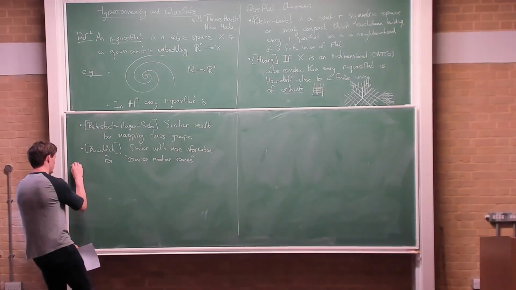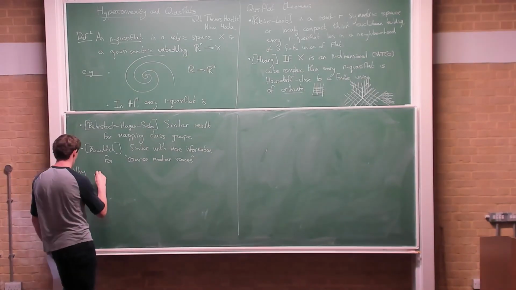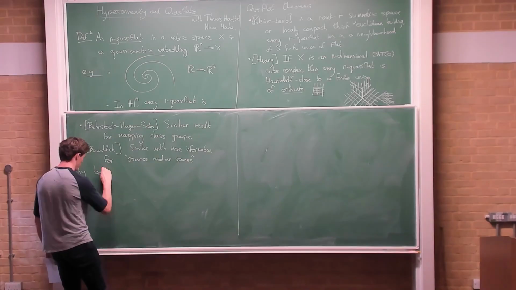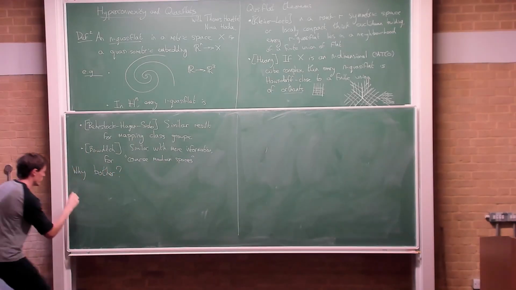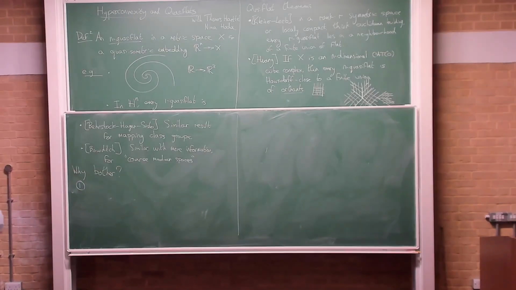So why bother? Okay, so one reason is that proving these kinds of results on quasi-flats is often closely linked with proving quasi-isometric rigidity results for these groups.